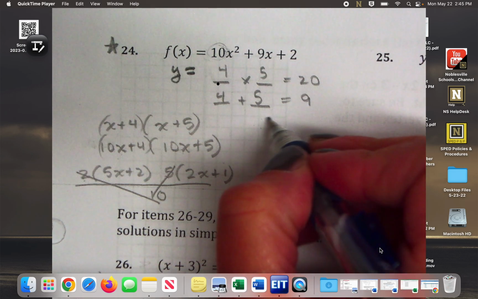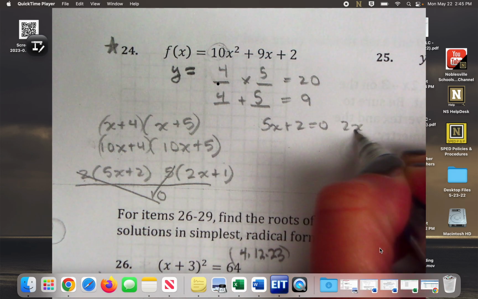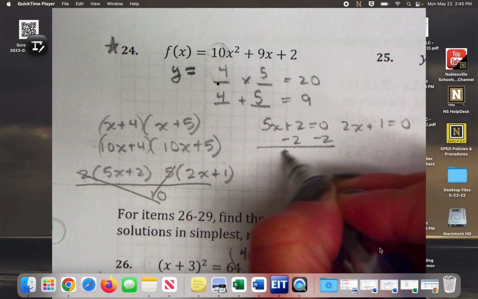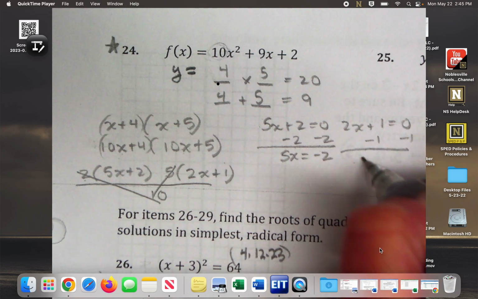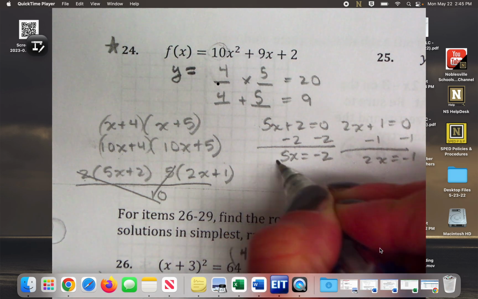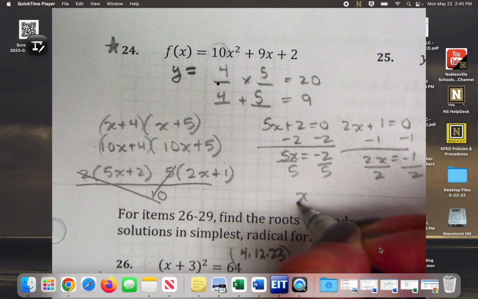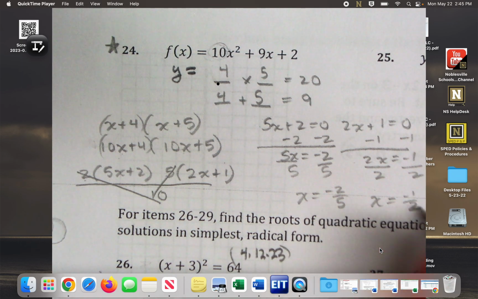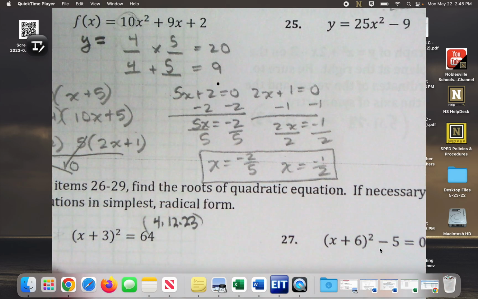And then I set these equal to 0. I'm just writing this quickly so you guys can then see it.